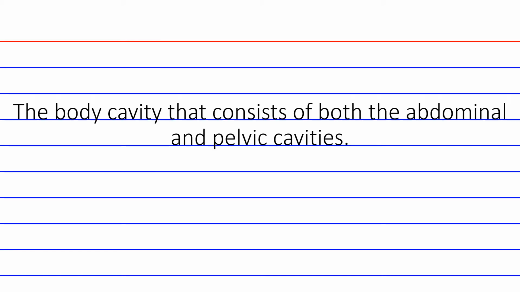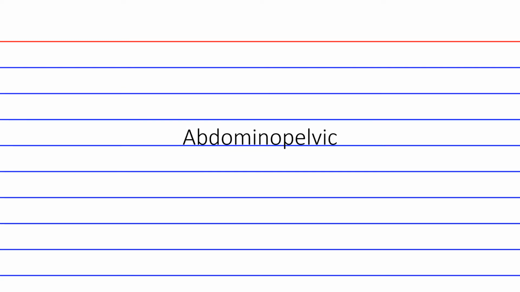This is the abdominal cavity. The body cavity that consists of both the abdominal and pelvic cavities is called what? The answer is the abdominopelvic cavity.